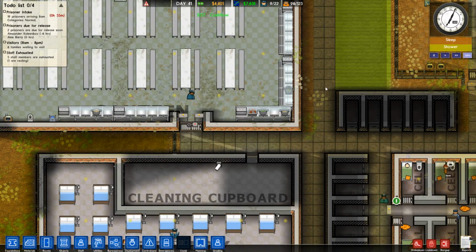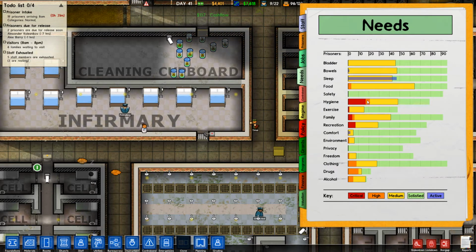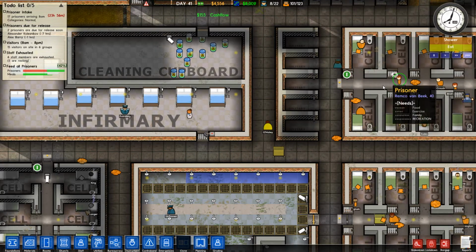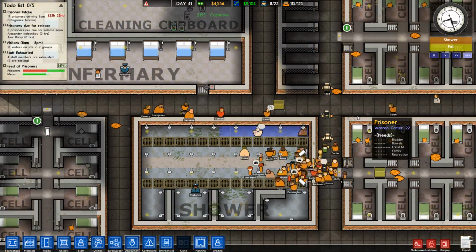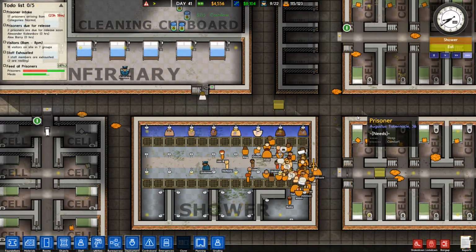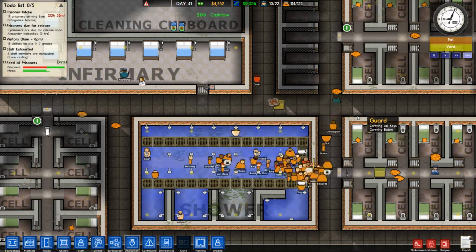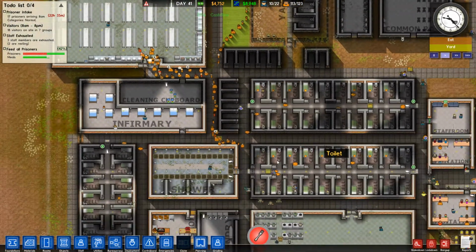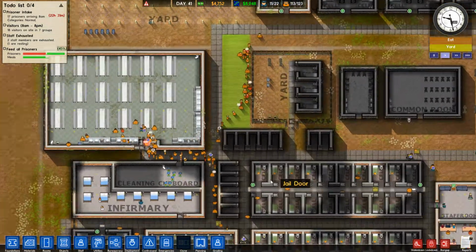Food is ready to go. Guys are now taking a shower. Needs, hygiene, sleep's being met. Everybody's pouring into the showers. Now I'm thinking of automating this stuff so that more prisoners have to go to this building up there.